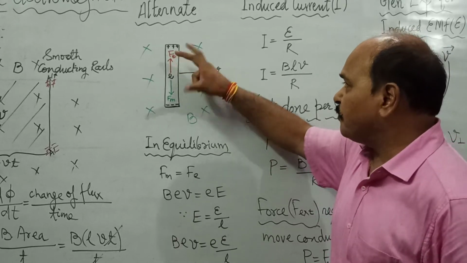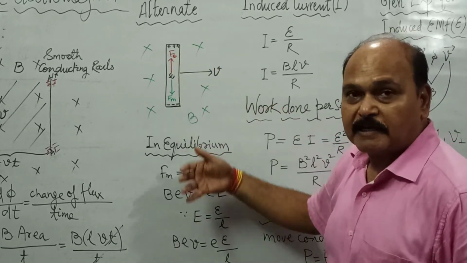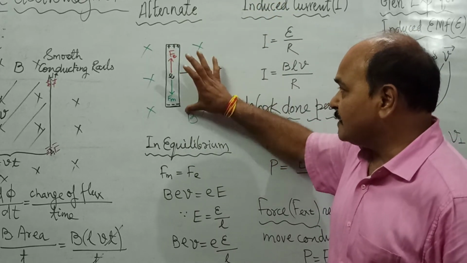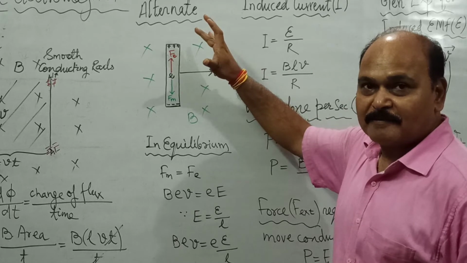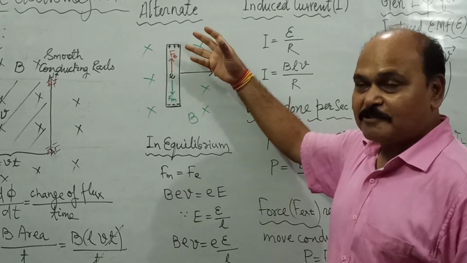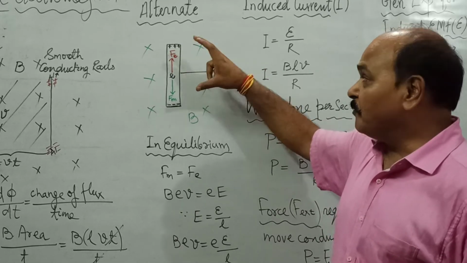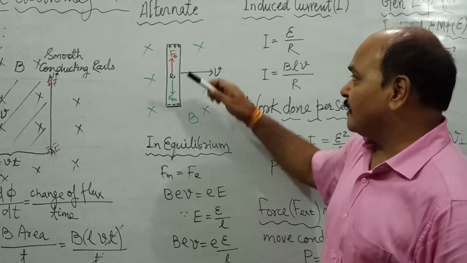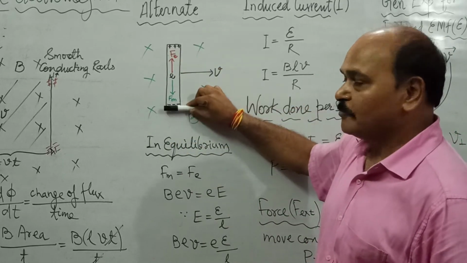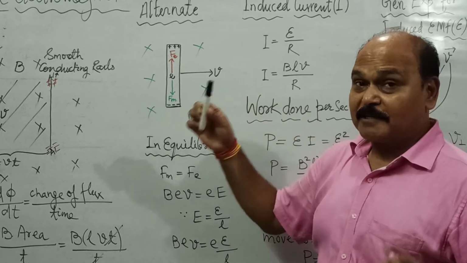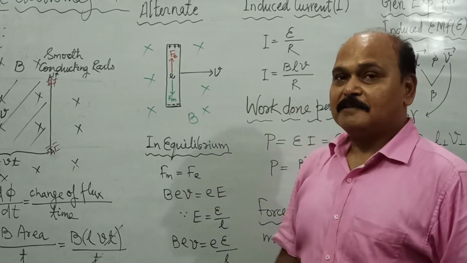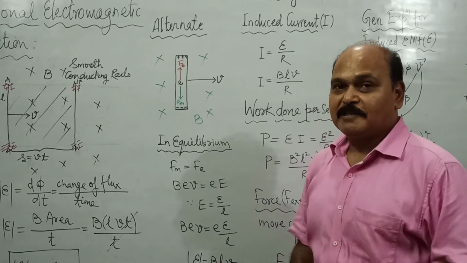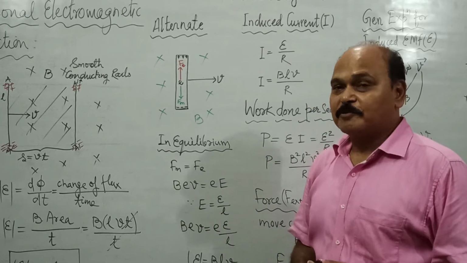Now, because of this potential difference, an electric field is created. Because of this magnetic force, there is electric polarization. There is accumulation of charges over the ends, and the moment these charges are accumulated, an electric field is set up in the conductor from positive to negative. And you know, in an electric field, every charge experiences force. If it is positive, in the direction of the field; if it is negative, in the direction opposite of the field.